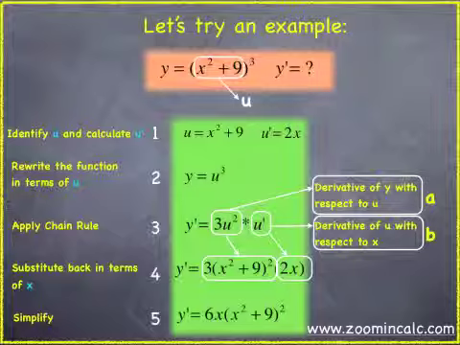So we can now replace u and u prime with the items we have in item 1 and simplify back down. In item 5 we simplify, and our final derivative is now in terms of x, which is what we originally wanted. The substitution of u is just a temporary situation to help us take our derivative. But in the end, we want to substitute everything back because our answer must be in terms of the original variable, which in this case was x.